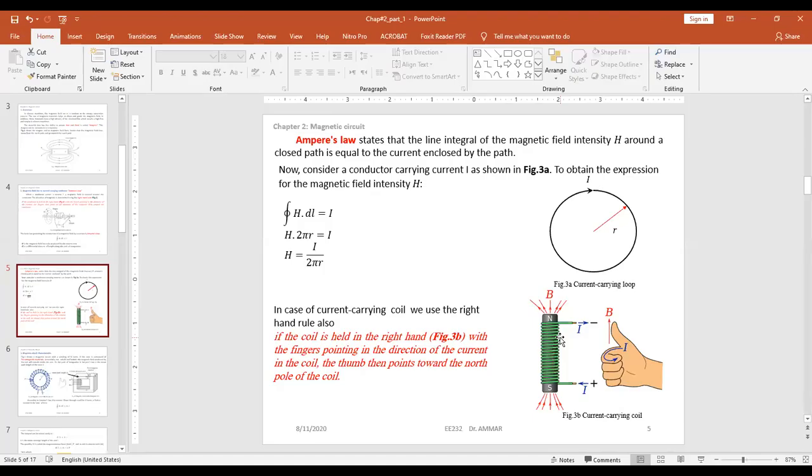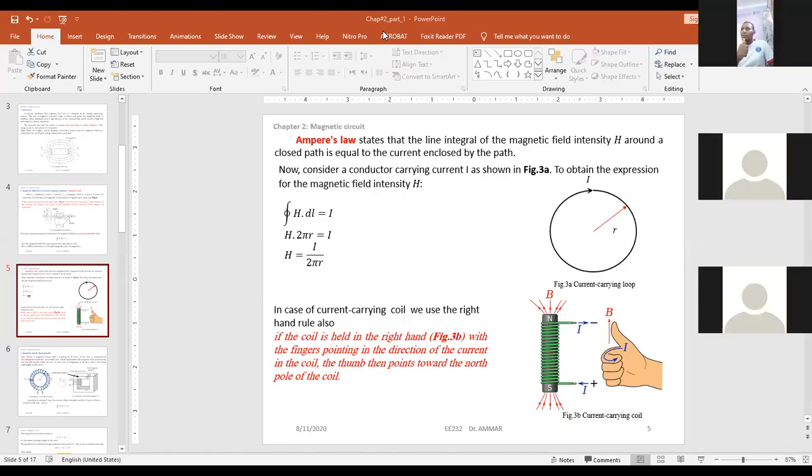Imagine yourself holding the coil, and your fingers are the turns of the coil. So I'm going to open my camera again. Imagine yourself holding the coil, and your fingers are the turns of the coil.